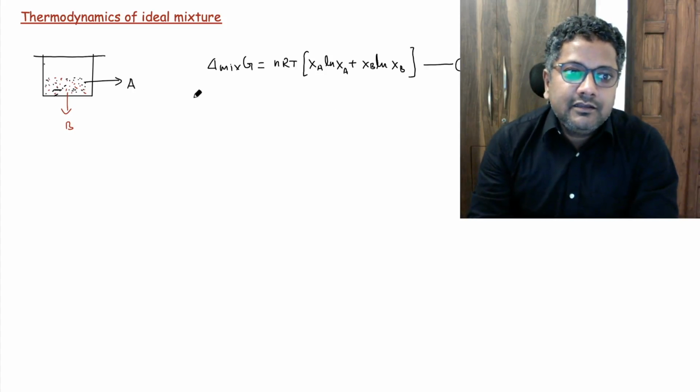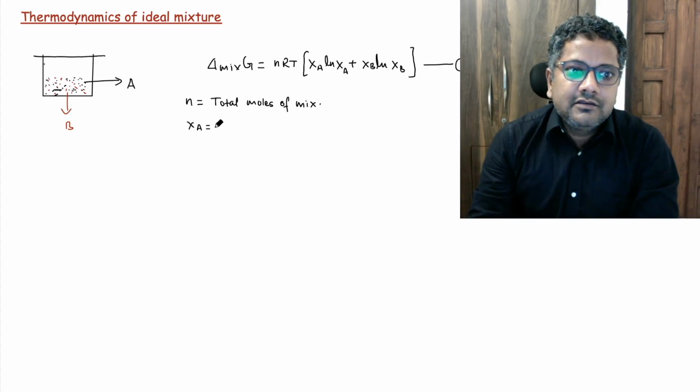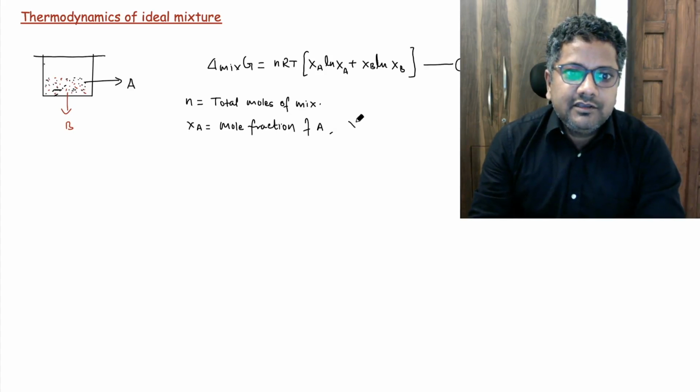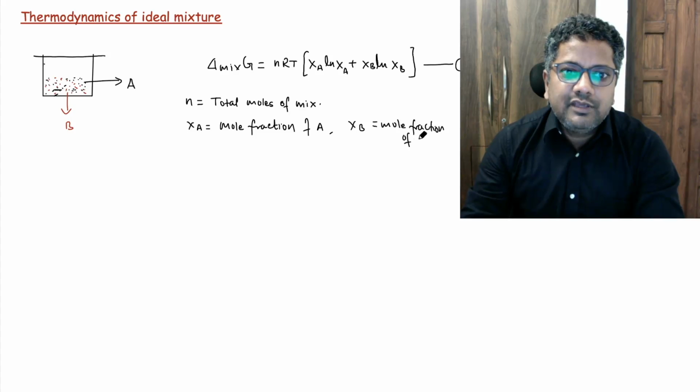See, n here is the total moles of mixture, XA is the mole fraction of component A, and XB is the mole fraction of B, right?